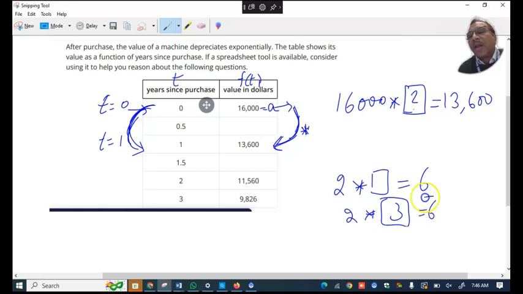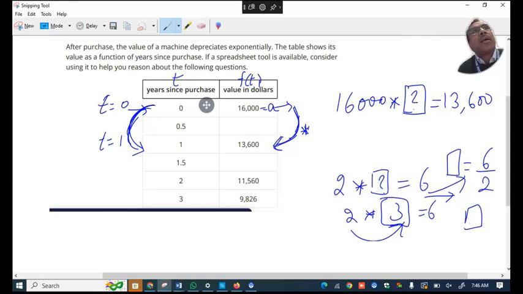But is there another way to do this? Another way to figure it out is just divide this 6 by 2. That way you can get whatever the question mark was. So that question mark becomes 6 divided by 2, which is 3.